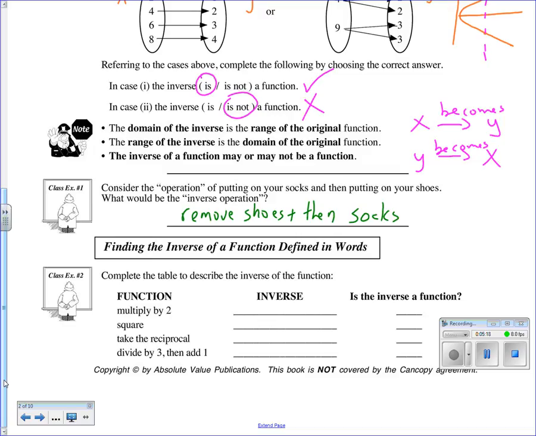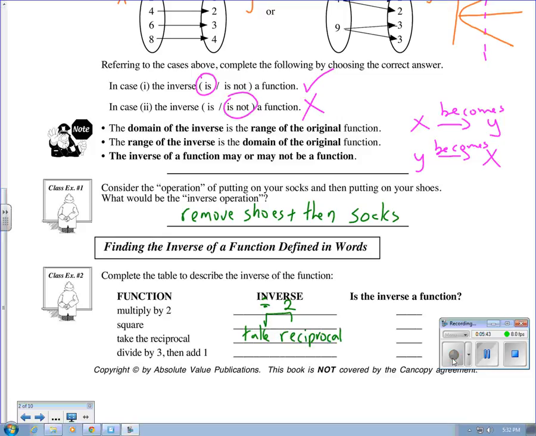The inverse of multiplying by 2, how do you undo that? You divide by 2. The inverse of squaring is the square root. The inverse of taking the reciprocal is to take the reciprocal again.